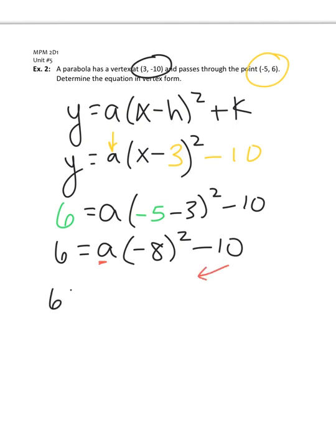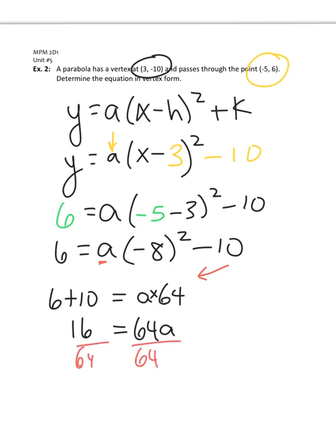So I have 6 plus 10, which leaves me with, should we just solve this? Yeah, this is 64. So I get 16 equals 64a, and then we'll divide out our 64, and we end up with a equal to 1/4.